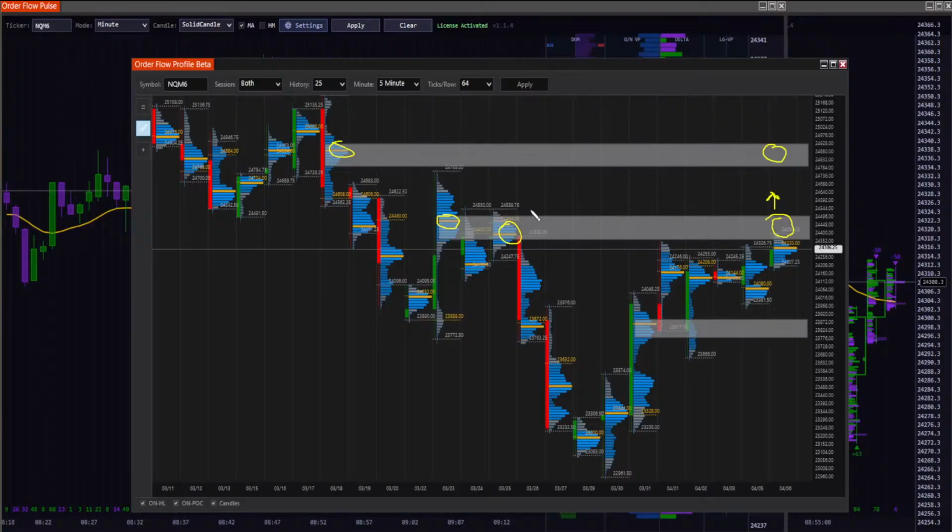I'm going to keep an eye on this and also remove all paint lines. This volume profile, the order flow profile, is going to be in beta. I am going to be releasing it more than likely tonight so people can actually download it. Today I'm going to work on getting everything into one install package.